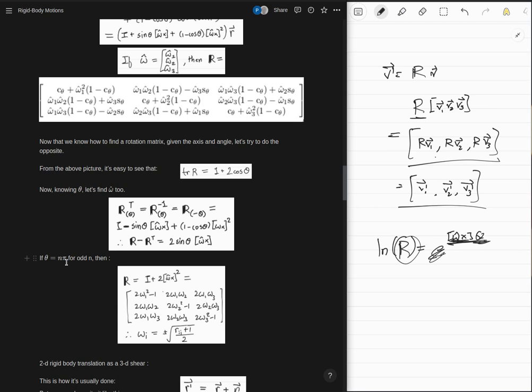So it doesn't make sense to take the natural log of that, because we understand the matrix very well. We don't have to figure out what the axis is, because this identity matrix could be... How do I say this?